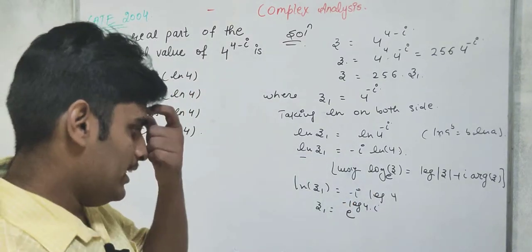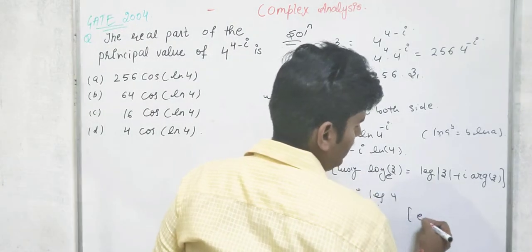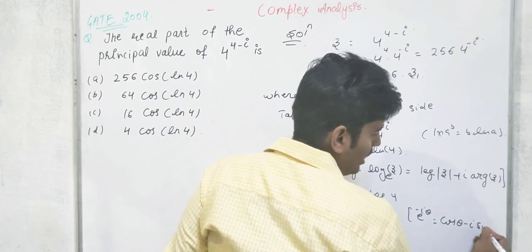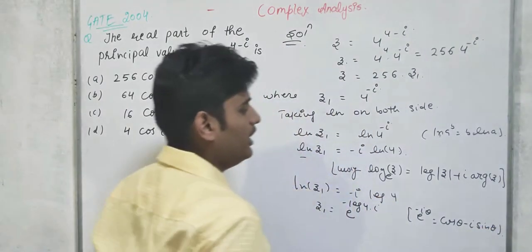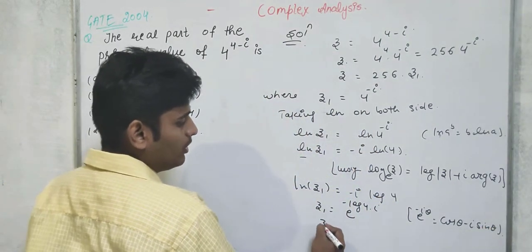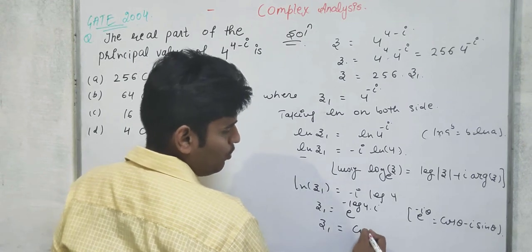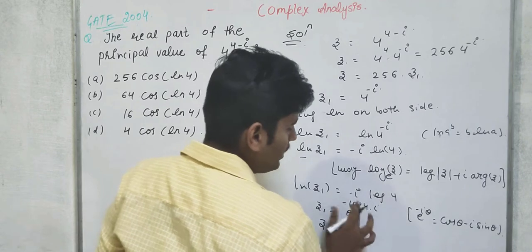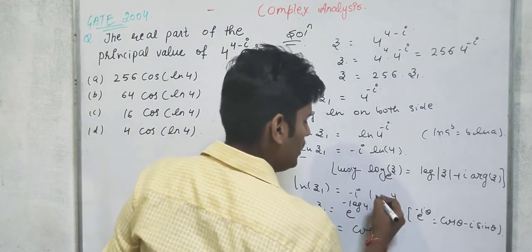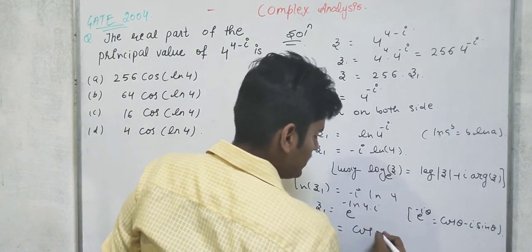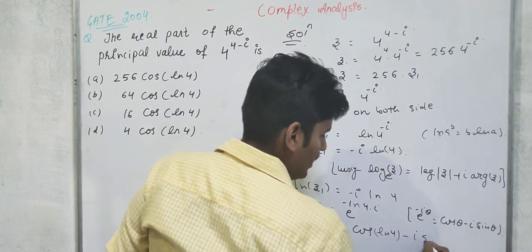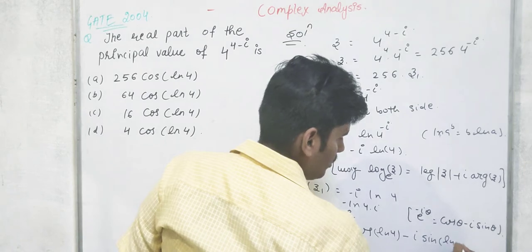Now using Euler identity, e raised to power iota theta or minus iota theta is equal to cos theta minus iota sine theta. So z1 is equal to cos of theta minus iota sine of theta. थीटा की वैल्यू यहाँ पे क्या है? log 4. सो यहाँ पे आप नेचुरल लॉग भी ले सकते हो. ठीक है, तो it's cos of natural log of 4 minus iota sine of natural log of 4.